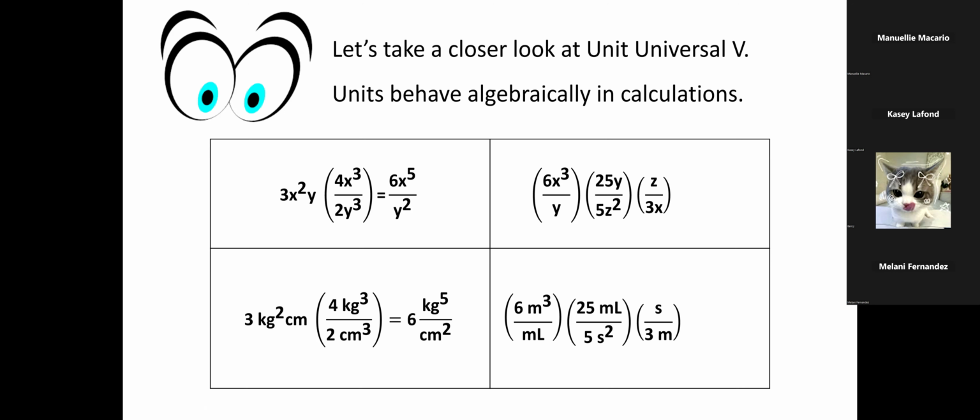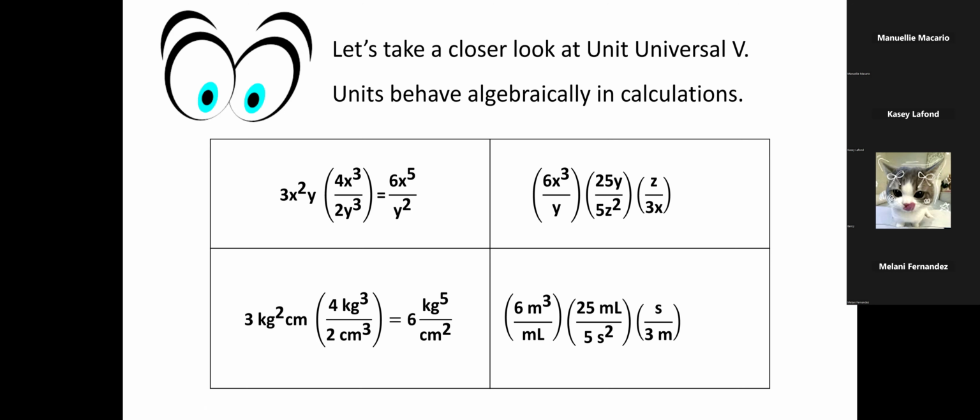Right. So again, those variables are only going to cancel if they're across from each other, one on the top, one on the bottom, and they may cancel fully or they may cancel only partially. So for example, our y variable is going to cancel fully. There's a single y on the top and a single y on the bottom. Those are going to cancel. We're going to have no y's left over at the end of the day.